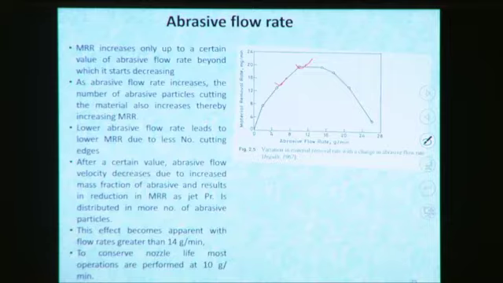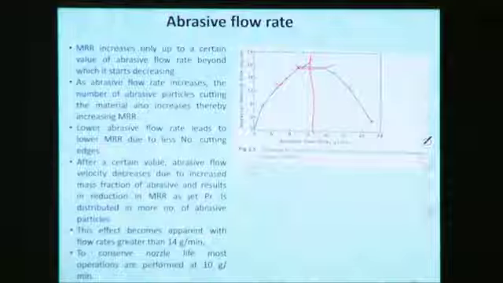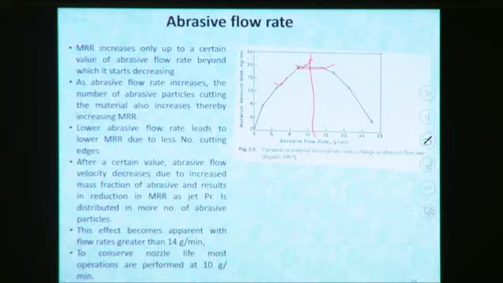Then there is a stall, and it becomes constant for a certain time. Suppose the optimum value of abrasive flow rate is around 12 gram per minute. If we increase the abrasive flow rate beyond that, the material removal rate reduces.